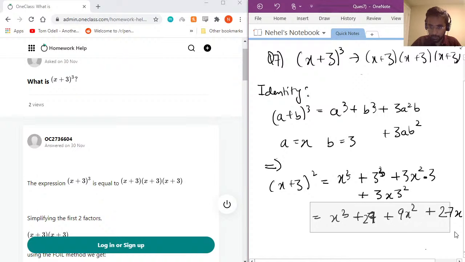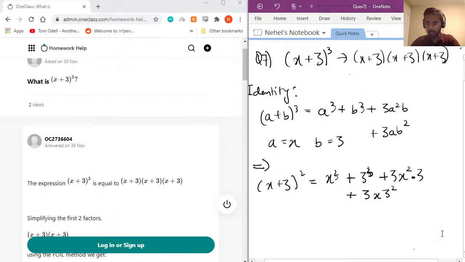Okay, you know what, let me just rewrite this. Yeah, I think I wrote the square there, so that's why I got confused.